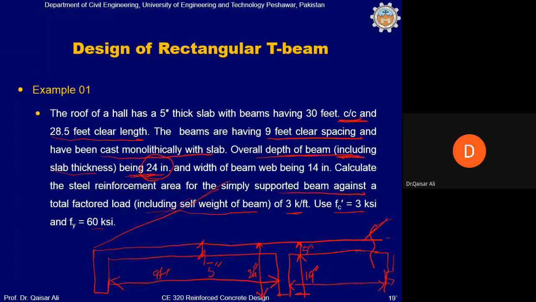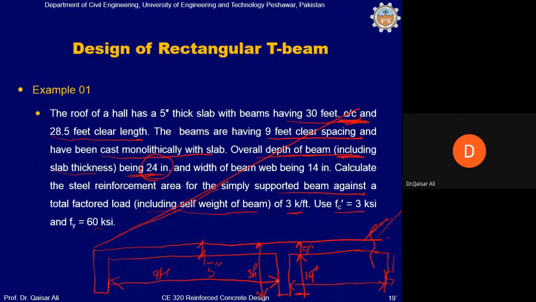And the beams have 30 feet center to center. So it means 30 feet center to center in this part, this distance. The beams are supported on this side, for example, on a wall, and also on the other side on a wall. So this is the length of the beam or the span of the beam. I hope you understand this.